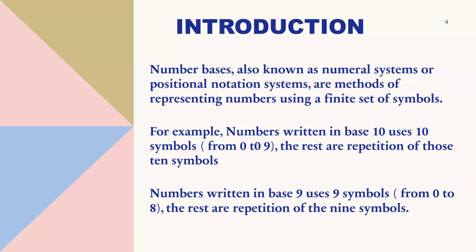When we say base 9, then we are saying that you don't repeat anything beyond 8. So if you are starting from 0 to 8, then you have to come back and start 10, 11, 12, 13, 14, and so on. You end at 8, then you start all over again.